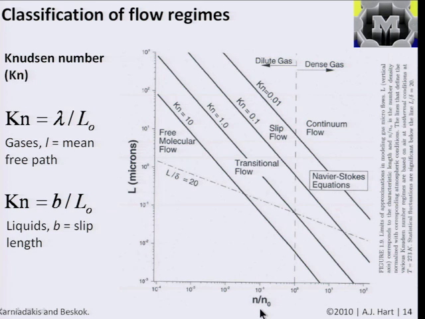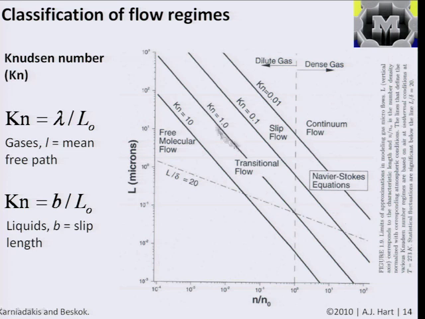On the x-axis, we have a quantity n divided by n naught, which is just the relative number density as compared to air at STP, normalized with the corresponding atmospheric conditions. So if you have a higher pressure, then you're compressing the gas and you have a higher number density than normal, and that means the mean free path of the gas is going to be lower. And if the mean free path is lower relative to the length scale, then you're less likely to be in a regime where these nanoscale effects are important.